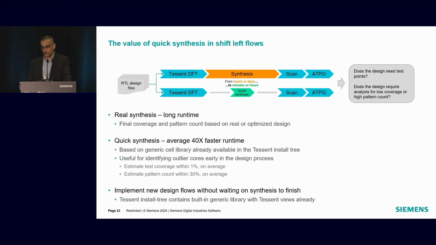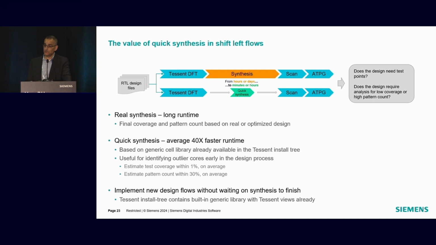Within the tool, you have access to commands that you can use. You can read your RTL, create a quick synthesized version of it, and then go off and do things like even ATPG. We've done comparisons to see how that compares, and I'll give you an idea of how close we are.